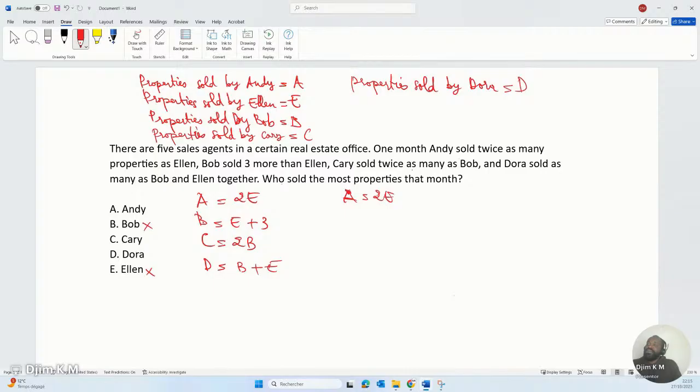And we have here, D is equal to B plus E. So we replace B, Bob, plus E is equal to 2E plus 3. So D is equal to 2E plus 3, which is A plus 3. Okay, so D sold more than A and E.